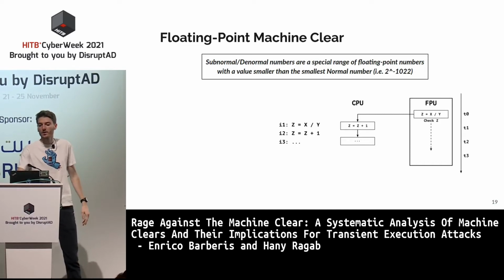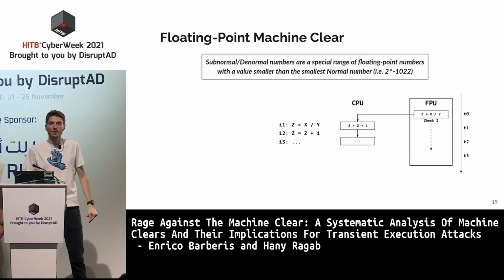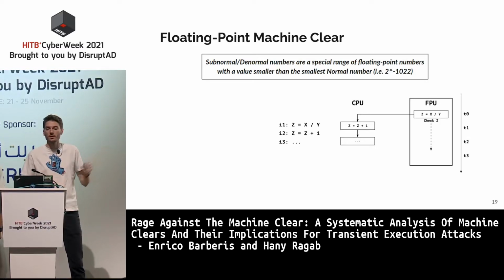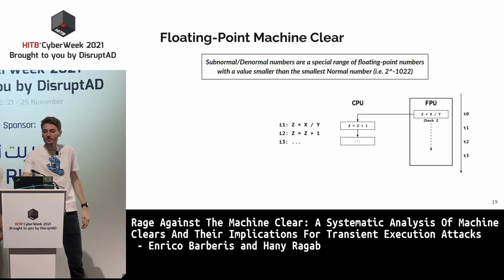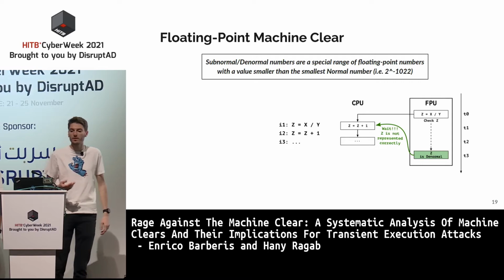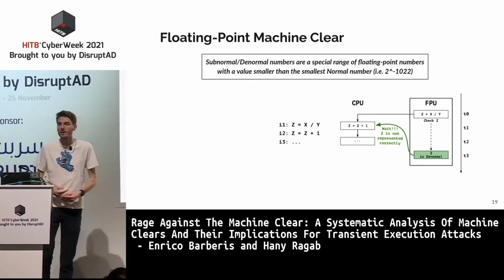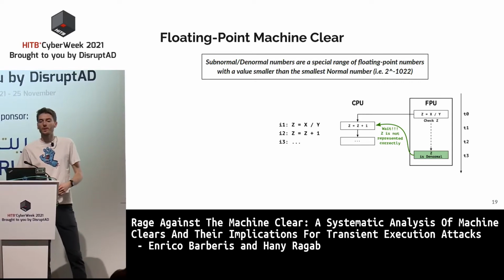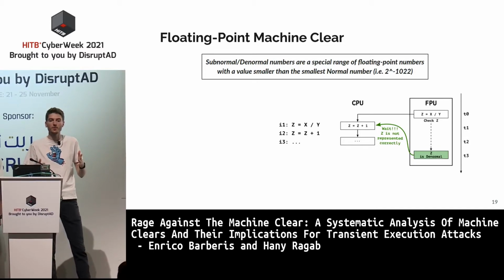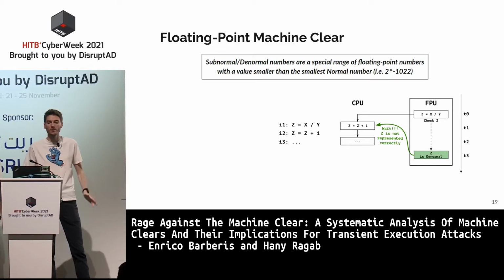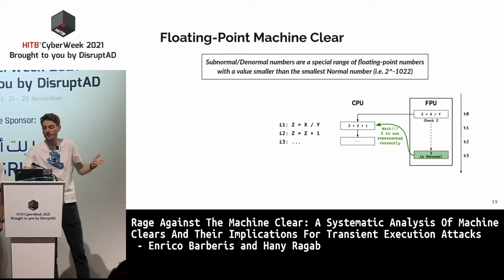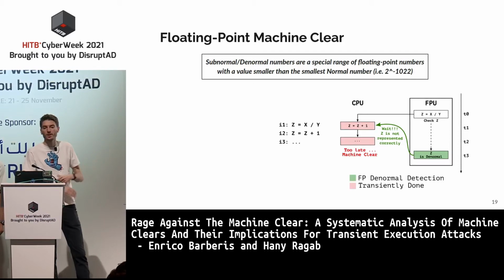So it quickly computes the floating point division result, and forwards this value to the subsequent instruction, for example, the addition. But let's suppose that this division actually generates a very small number that is in the subnormal range. Later, the floating point unit will detect this, and it needs to stop the entire processor because it generated a completely wrong result, and it will trigger a machine clear by flushing all the subsequent instructions.